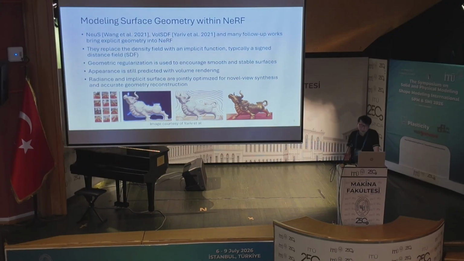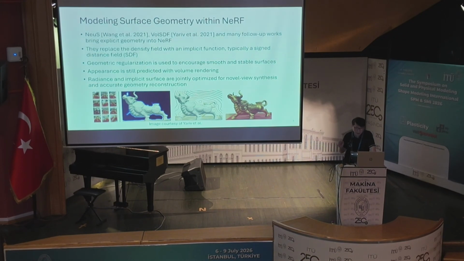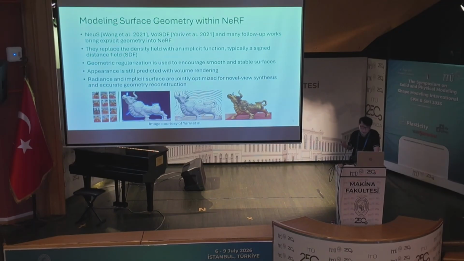So to address this problem, neural implicit surface methods such as NeuS and VolSDF introduce an explicit surface representation into the neural rendering pipelines. And they replace the density field with implicit functions, usually a signed distance field, or SDF. So an SDF is useful because the zero level set directly defines the target surface.